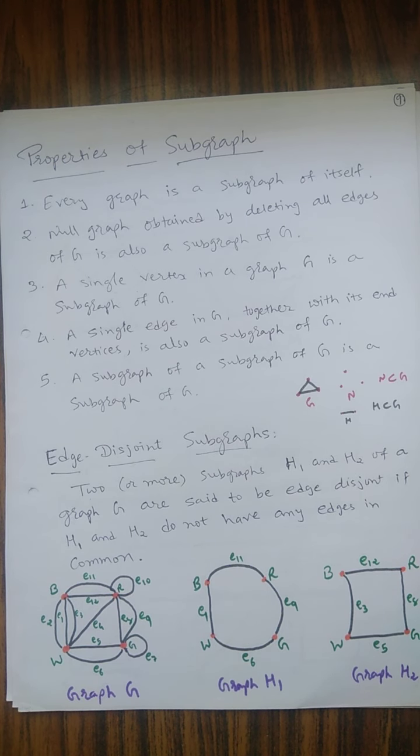Now look here. This is my graph G, with vertices B, R, G, W: black, red, green and white. This is an example I am taking from a mathematical puzzle, the puzzle of dice which we solve as the 4 color dice.